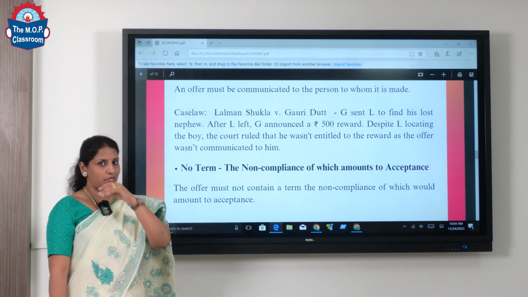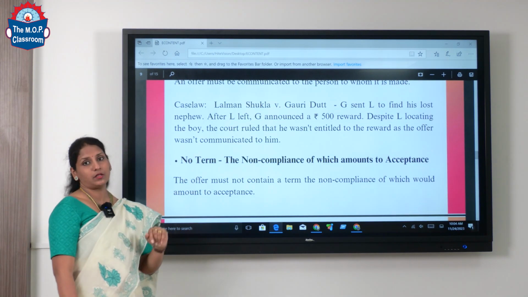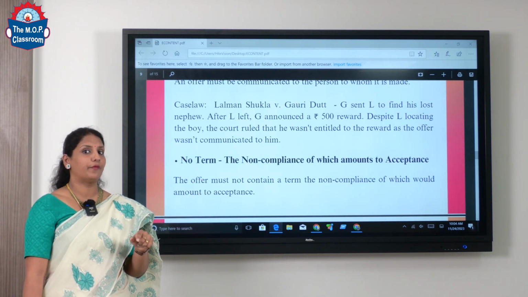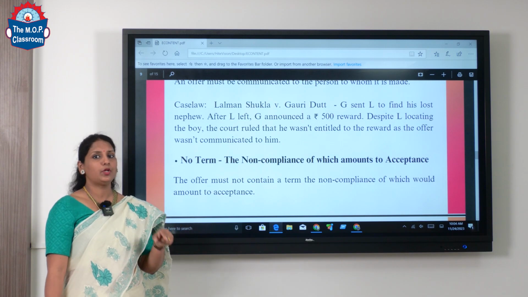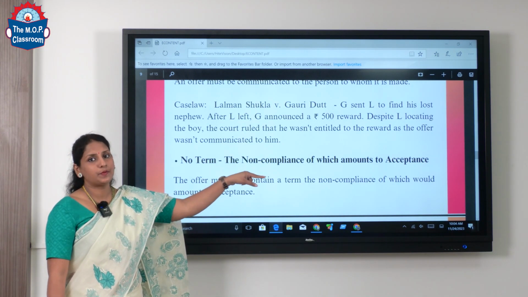So when the judge was hearing the case between Gauri and Lalman Shukla, the question the judge asked was whether Lalman was aware of the offer. When he was not aware of the offer, Lalman is not giving his acceptance to the offer.